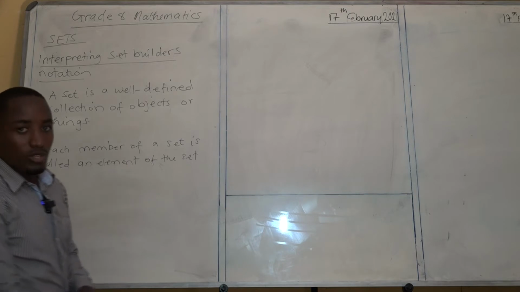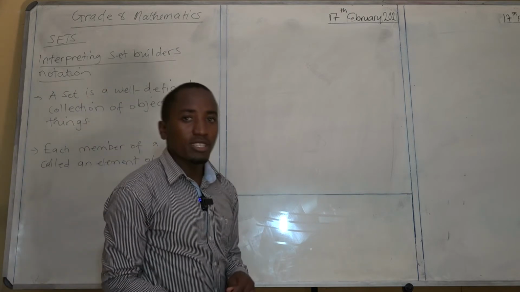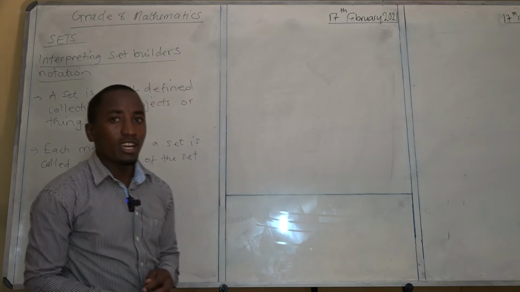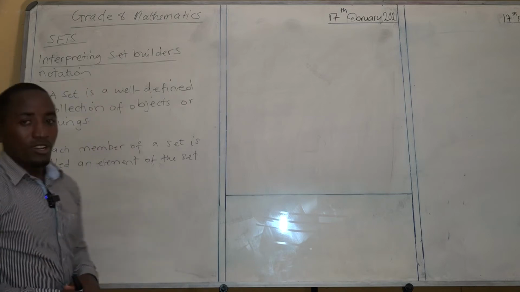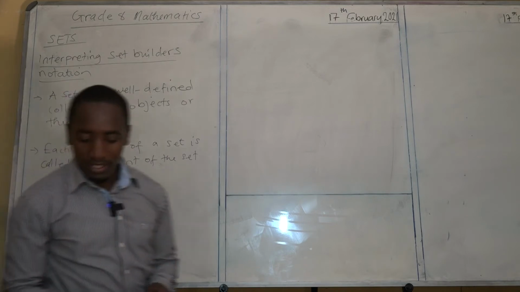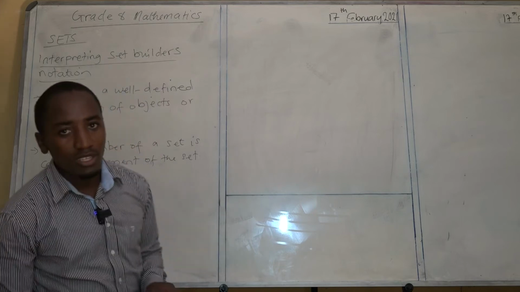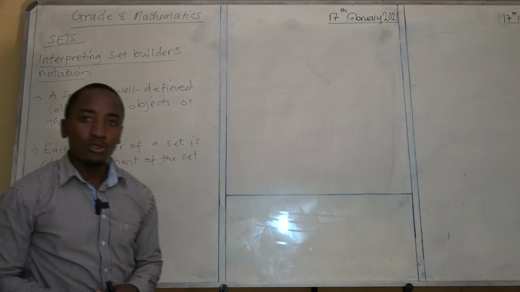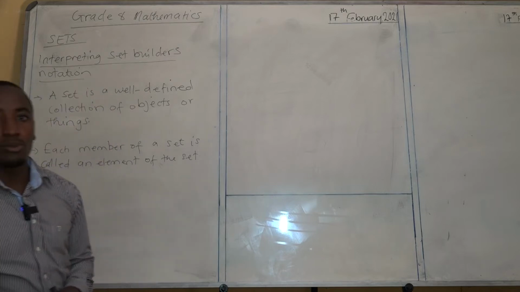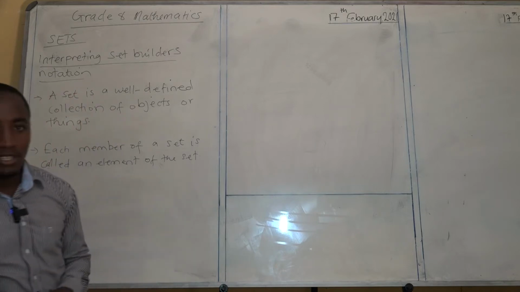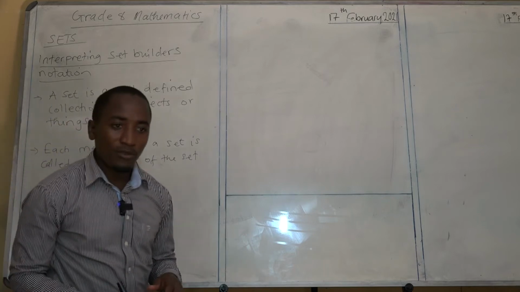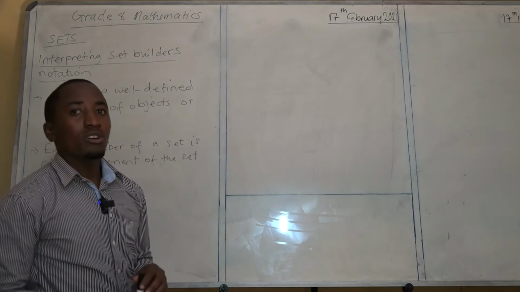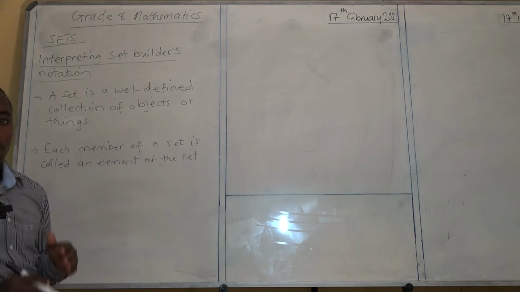So today we are going to be interpreting set builders notation under our topic sets. Before we start, it is important for you and me to take note of the keywords which I'm going to be using under this discussion. Firstly, it is important to get the meaning of sets.